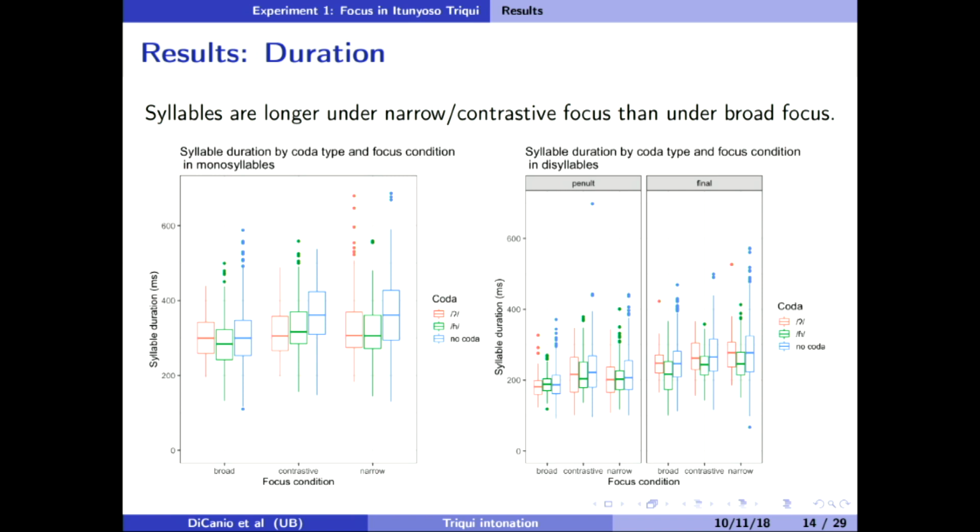So the 2 right groups have a higher duration than the left, and also that words without a coda show greater lengthening than words with a coda, and the ones without a coda are the blue. And you can see that pattern easier in the left, but the pattern is also evident in the disyllabic words on the right.